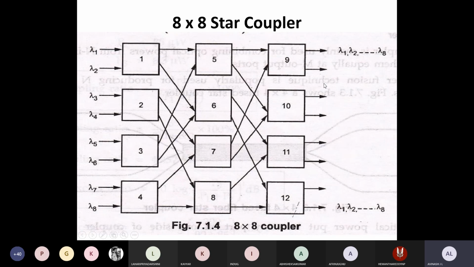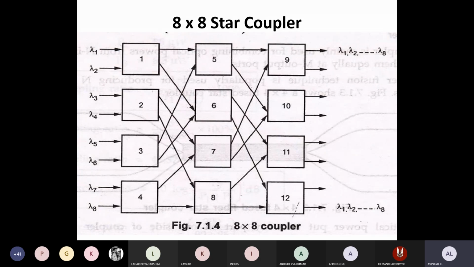All 8 outputs will be having the wavelengths lambda 1, lambda 2, lambda 3 up to lambda 8. That means the combining of wavelength is being happened. Wavelength combiner. So here wavelength is combined. In other words, you can see that energy is being distributed equally.